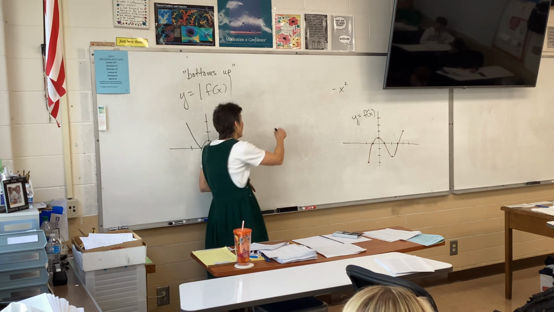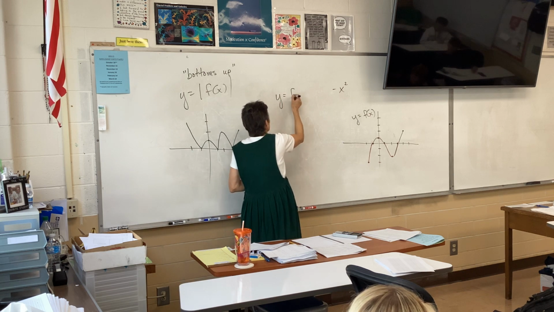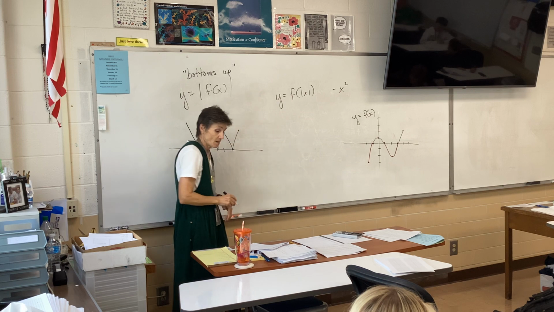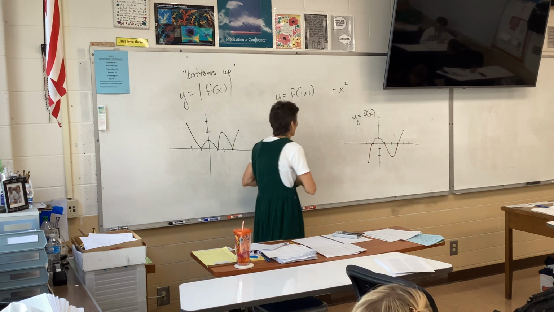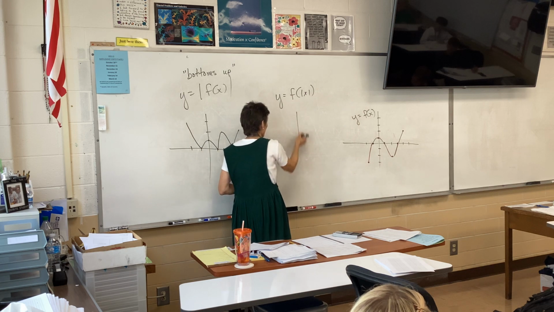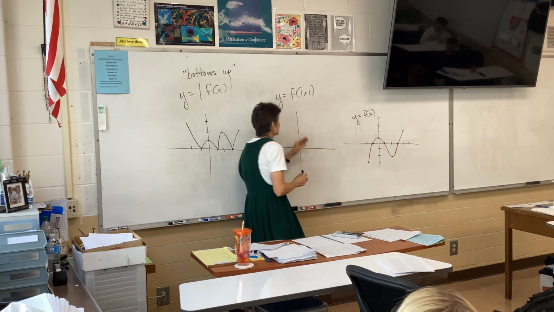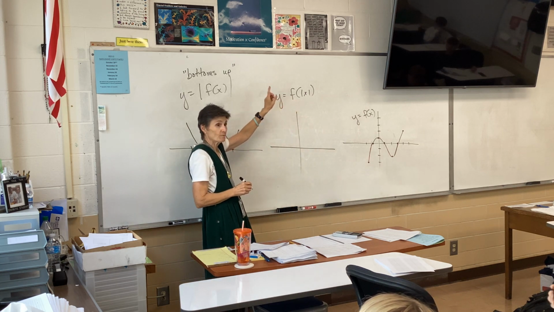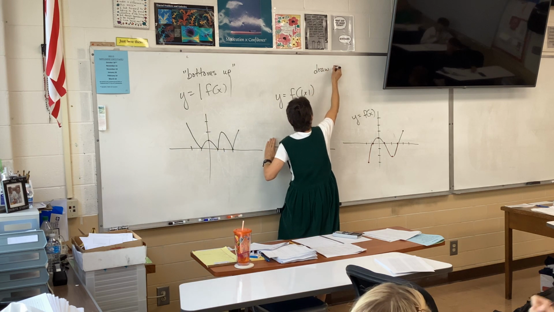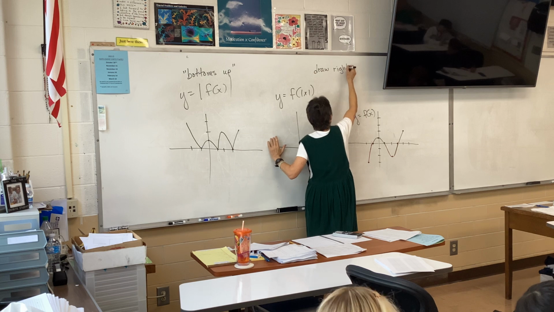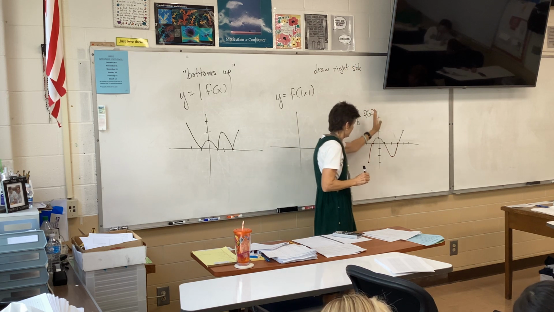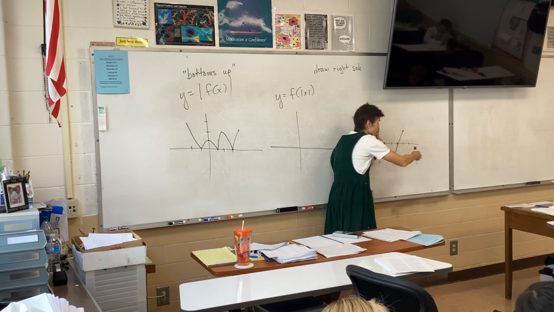Now, what happens when you take the absolute value of just the x? Well, this one is wild and wacky. All right, so here's what I want you to do. When it's the absolute value of just x, I want you to draw the right side of the picture. So, draw that.